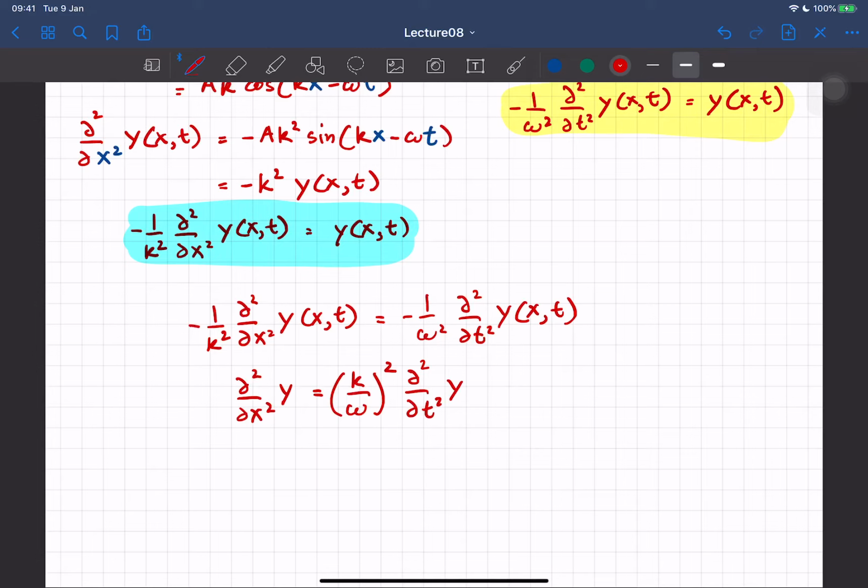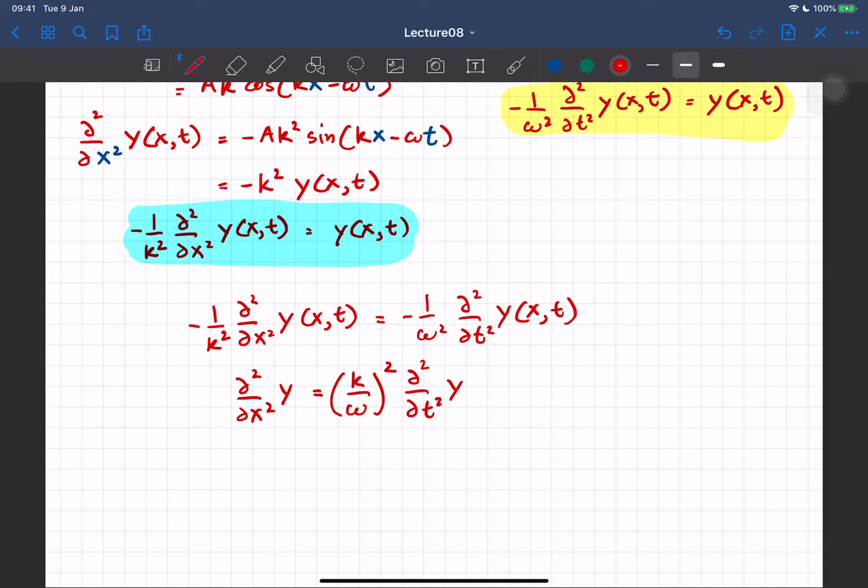All right. So what do we have here? Well, even though we use y, which is a function of x and t, in terms of a sinusoidal wave, which is either sine or cosine, in general this applies to any kind of wave, not just a sine wave or cosine wave.